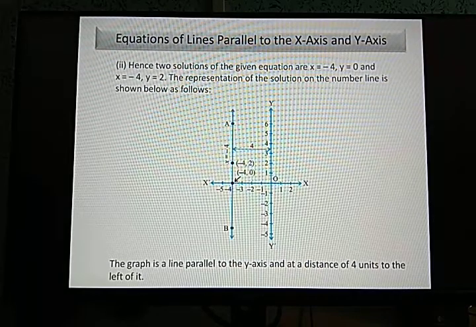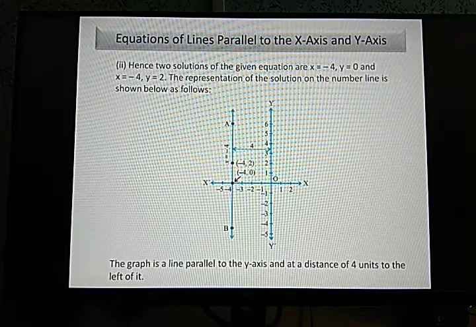Now if the variable would have been y, then it would have been parallel to the x-axis, and the line would have been horizontal, not vertical like this. So I hope it is clear to you how to plot the graphs of those equations which are parallel to the x-axis or the y-axis.